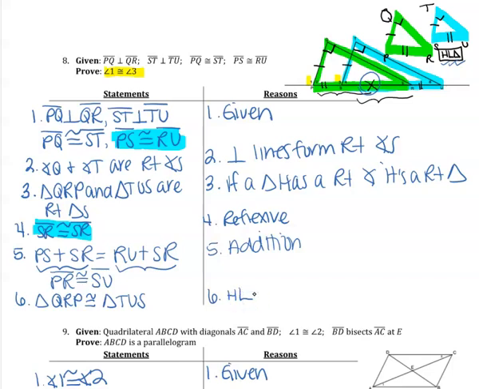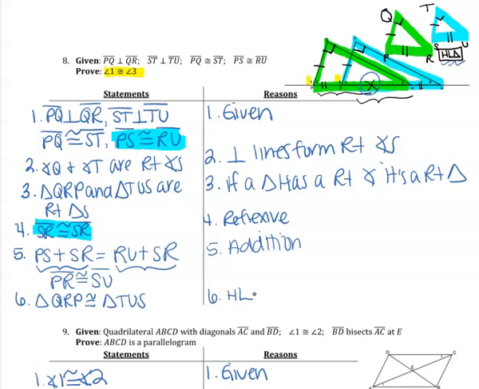All right, now the rest of this proof is going to flow very similar to what we did in the last proof by using our supplements. So I'm going to have to get in here that angle 2 is congruent to angle 4, and then angle 1 is congruent to angle 3 because supplements of congruent angles are congruent.